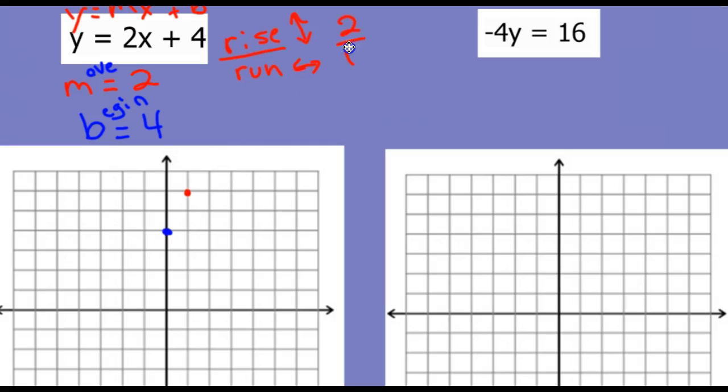Now the opposite of that would be to go -2 and -1, so going down 2 over to the left 1. Down 2, to the left 1. So now we can create our line. So there is our equation.